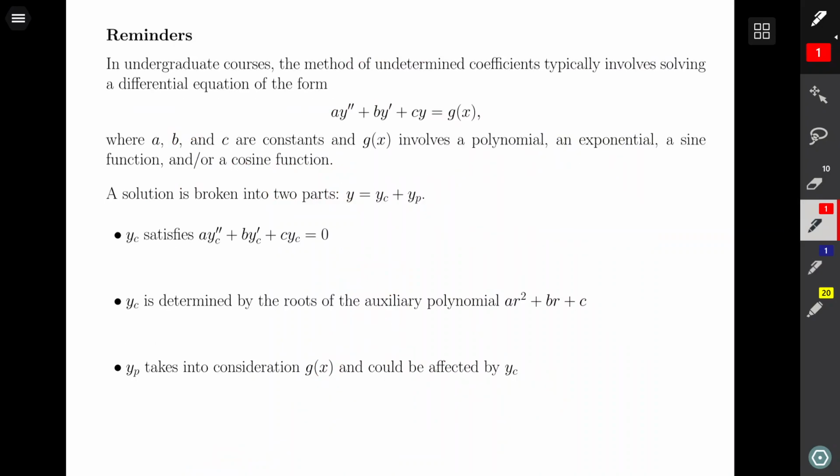So in undergraduate courses, when you do the method of undetermined coefficients, you're always going to have something of this form. A, B, and C are constants. Typically, you usually do this with second order equations, but at the very end, I'll do an example with a higher order equation. g of x is going to involve a polynomial, an exponential, a sine function, a cosine function, or a combination of some or all of those.